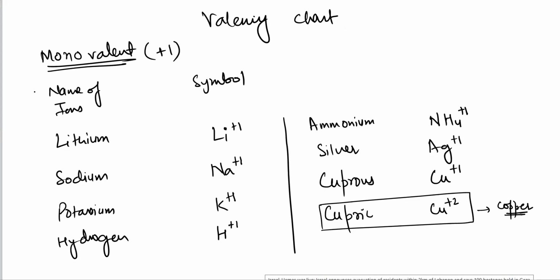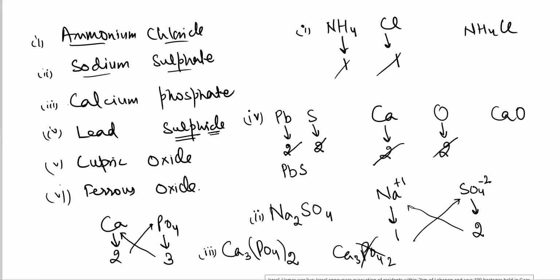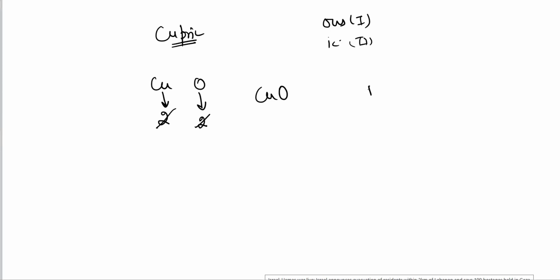Next one is ferrous oxide. Ferrous oxide similarly. Iron when it is ferrous has 2. Copper when it is cupric has 2. You have to keep in mind that iron when it is ferrous has 2, but copper when it is cuprous has 1.